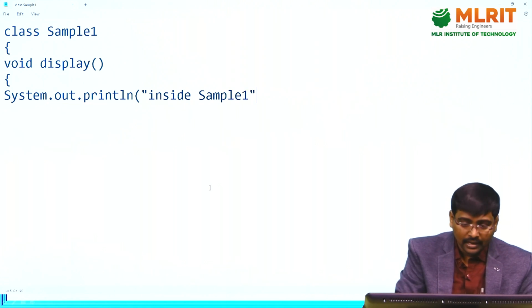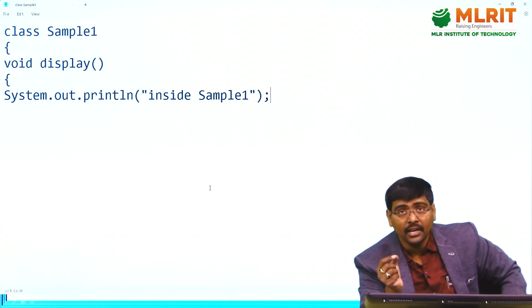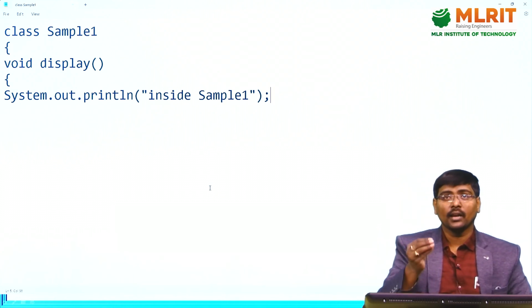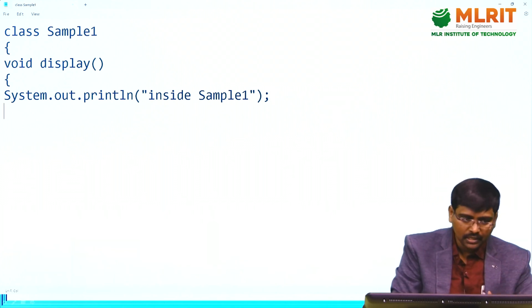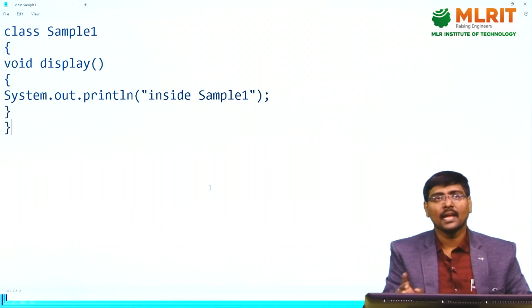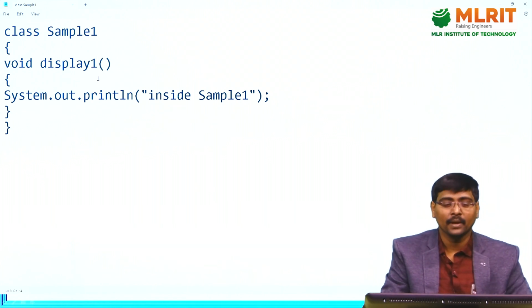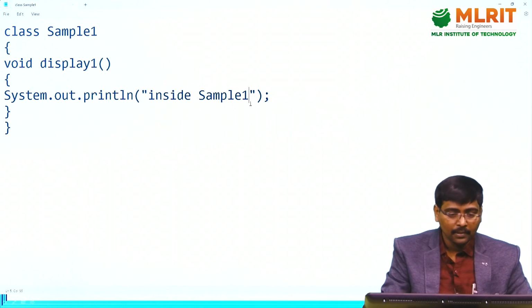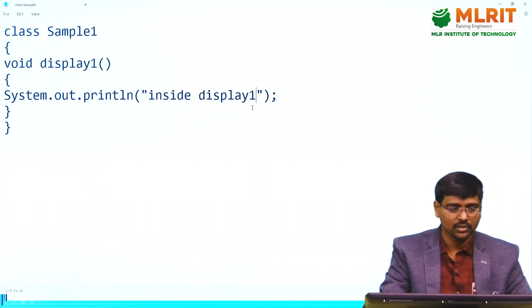Here remember, not only a method, you can write variables, constructors, methods, blocks. All follow the same procedure. For simplicity, here I will show you one method. So sample1 is the class. It consists of, assume, one method display1. I am in display1.